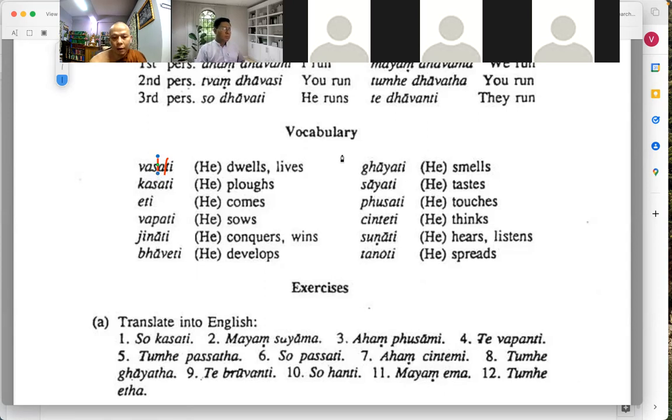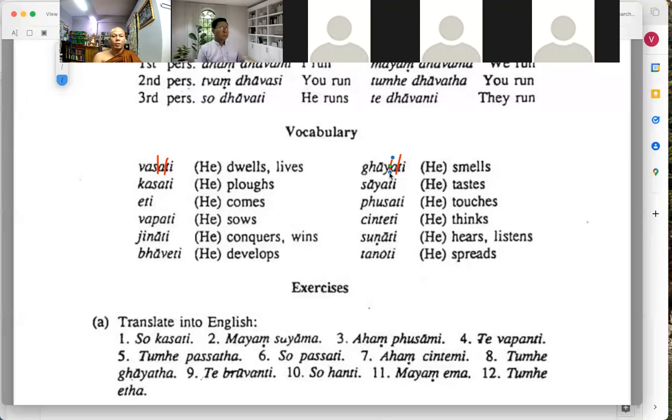And then the next verb is gayati. Gayati is to smell, or he smells. In this verb, finding the base is very easy: just remove the verbal termination ti, right? But to find the root, there may be two possibilities. By removing ya, the other root is Gaya, also possible, but not right, because we have another sign, the ya sign.